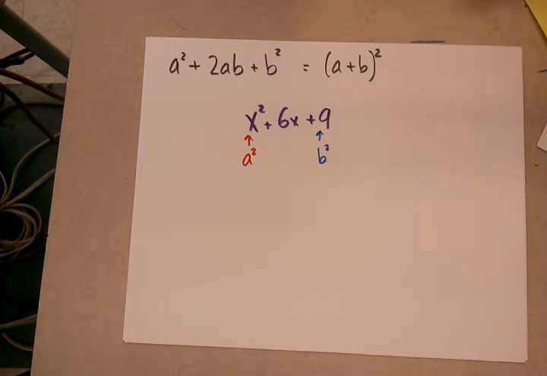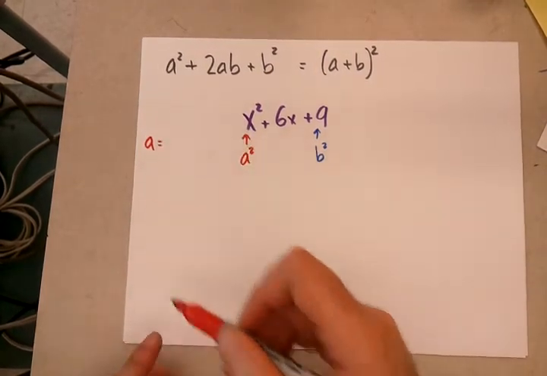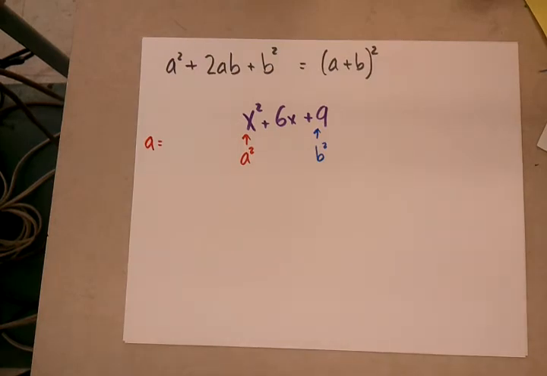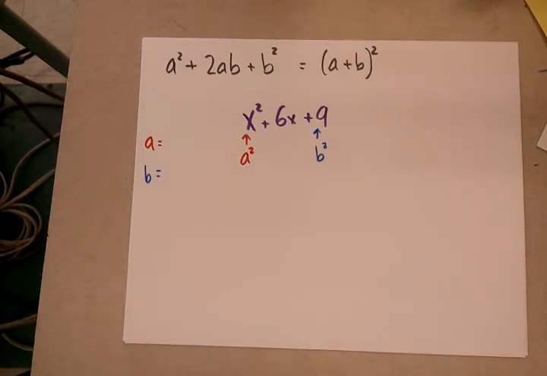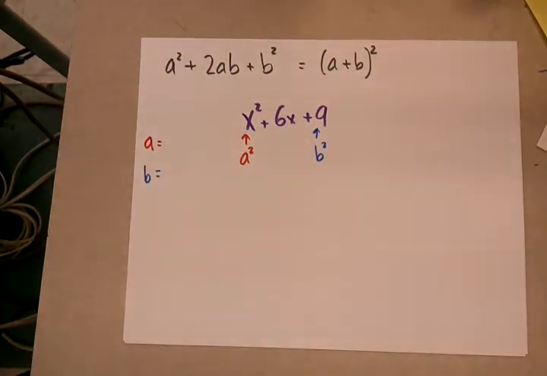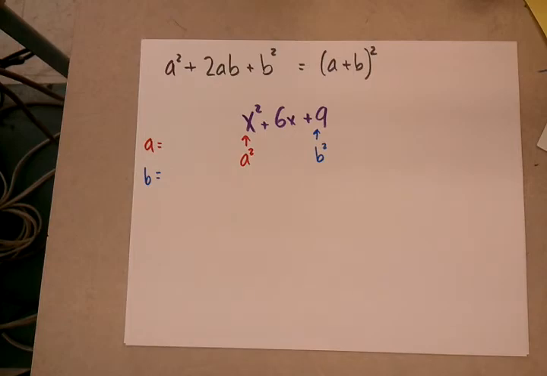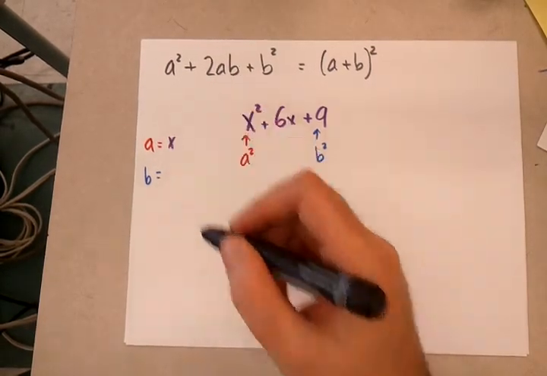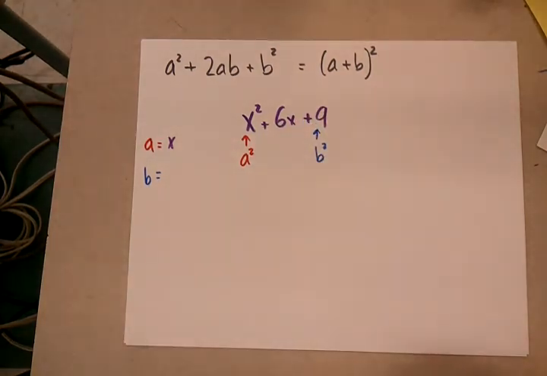If that's true, then we have to be able to get an A and a B monomial or value out of these two. So if A squared is an x squared, then the A will be just an x. Sure. Makes sense. If A squared is the x squared, then the A should be just the x.